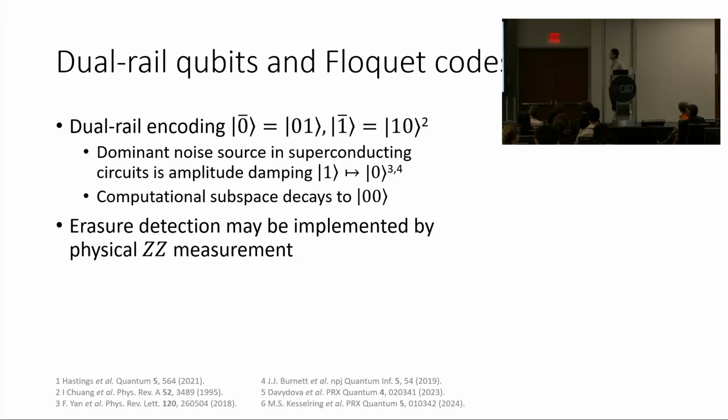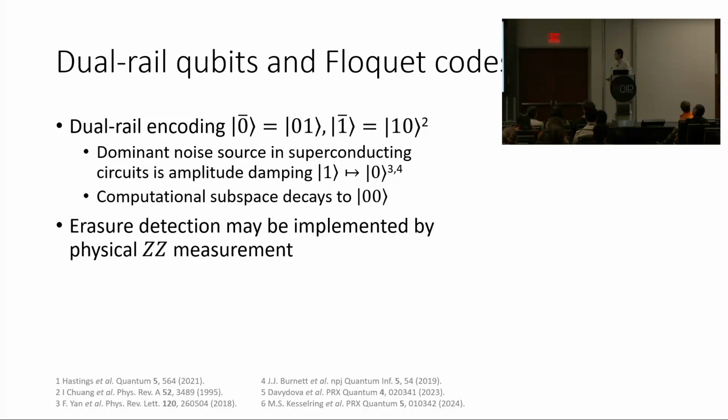And what we can do is use a very simple encoding called the dual rail encoding, where logical 0 is encoded in 2 qubits as the state 01, and logical 1 is encoded as the state 10. So under the amplitude damping channel, the entire computational subspace would decay to the state 00, and that can subsequently be detected.